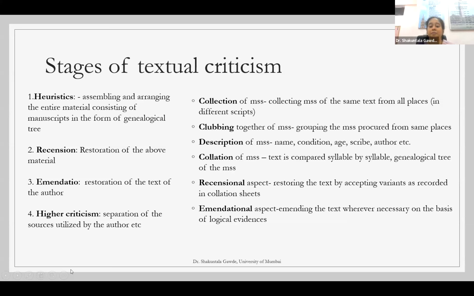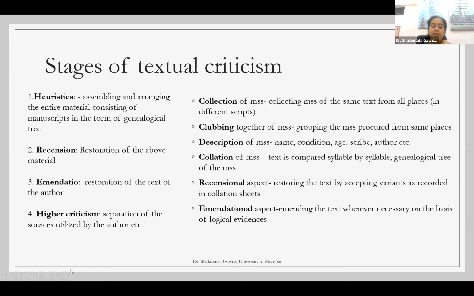Which variant is to be accepted? That is again the task of the researcher. And then in emendation, there is a restoration of the text. One can amend wherever necessary on the basis of logical evidence, maybe internal or external evidence.